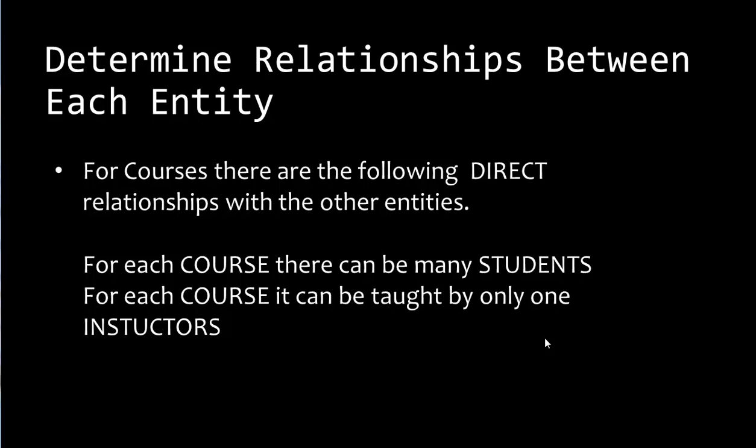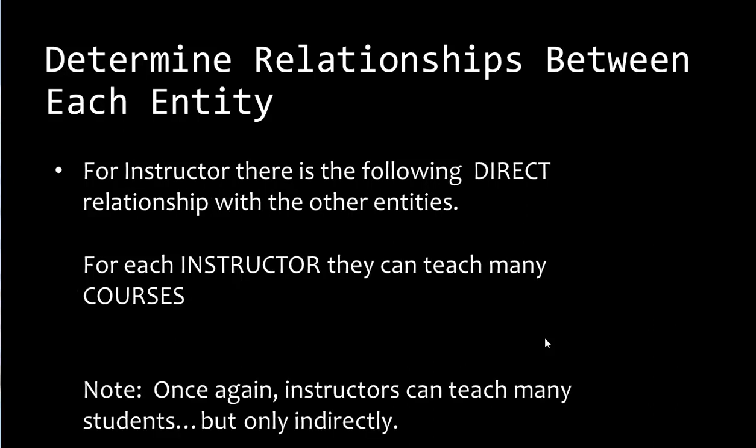That seems obvious: if a student can take many courses, obviously in each course there are going to be many students. And each course can be taught by only one instructor. At Cincinnati State, as you know, we have multiple sections, but that one course can only be taught by one instructor, per the rules for this particular database.